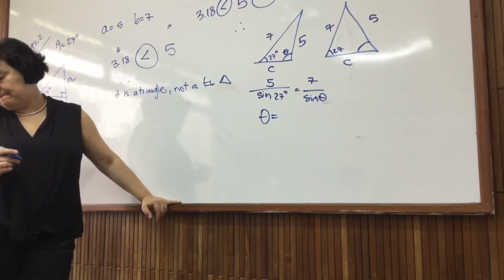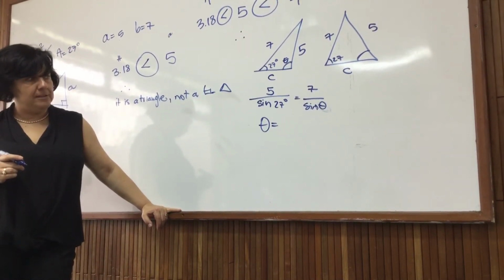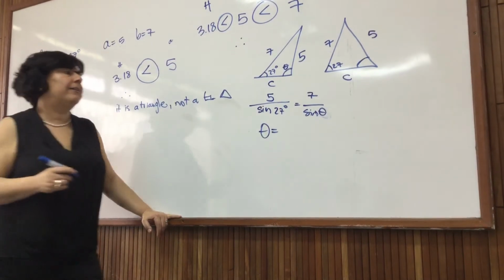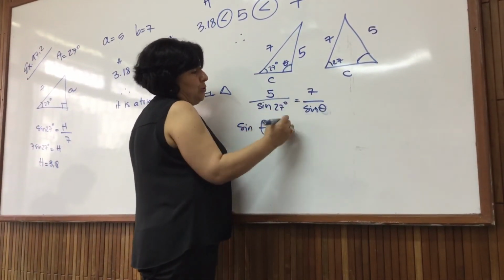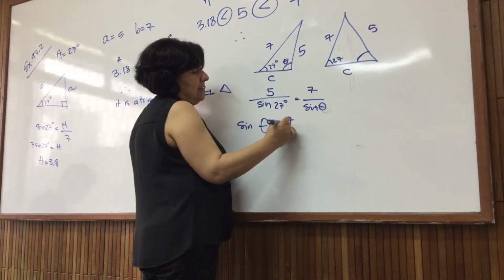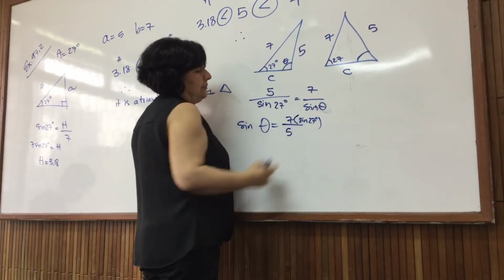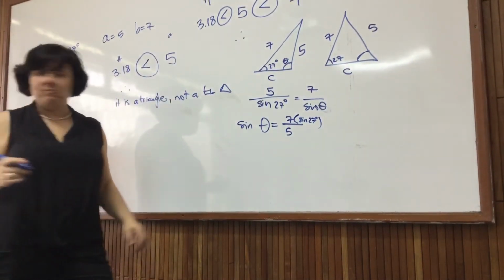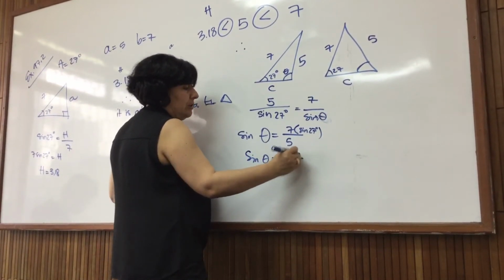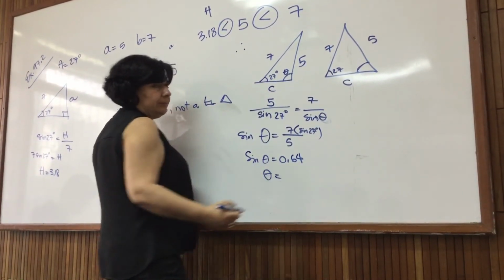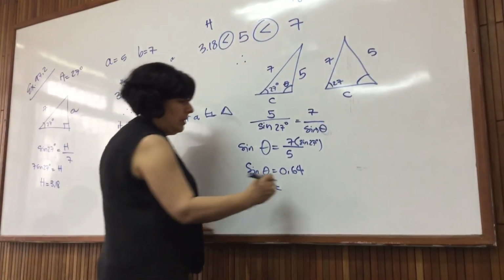Sine of theta is equal to 7 divided by 5 times sine of 27. That's 0.64. Okay. So how much is theta? 39.46.